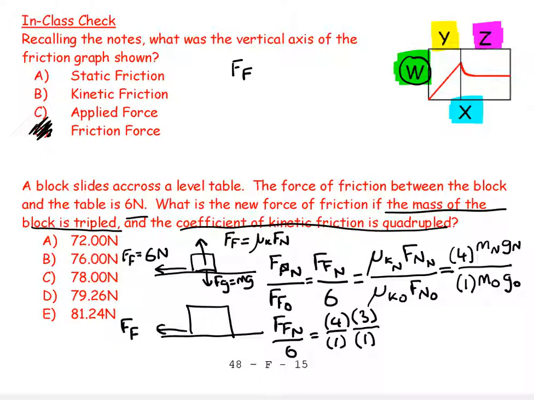What about the gravitational field strength? It's not mentioned. It's sliding across a level table. There's no information about going to another planet or going to interstellar space. So you've got various choices here. It doesn't change. You could put g over g, that would work, if you're comfortable with it.